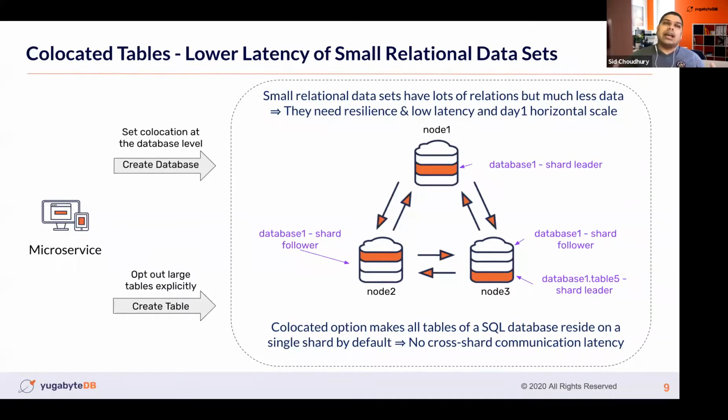But the idea is that as tables grow, we should be able to split them on multiple heuristics. Shard size being a simplistic heuristic, I would say, where we can start pulling that table out from the original co-located table shard and give it its own shard, give it its own room where it comes to compute and storage for horizontal growth.